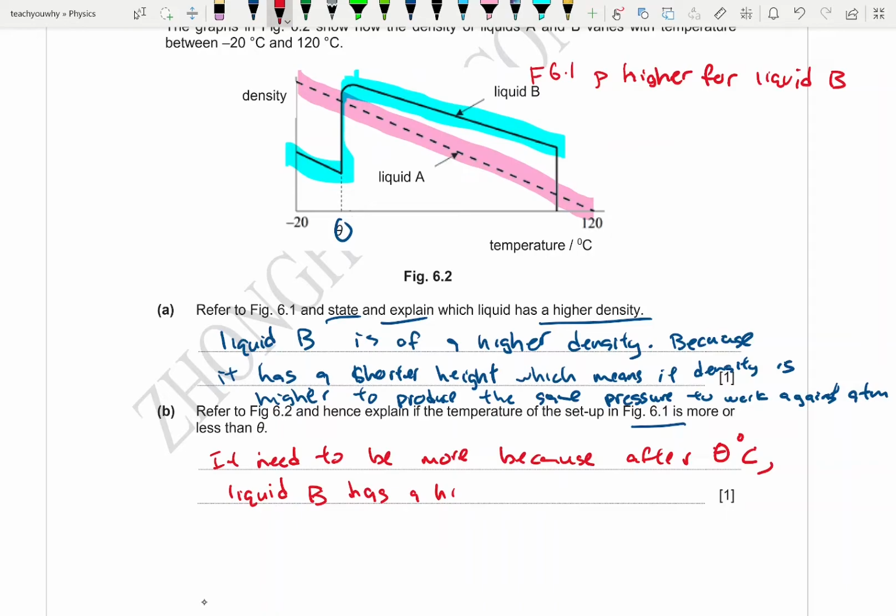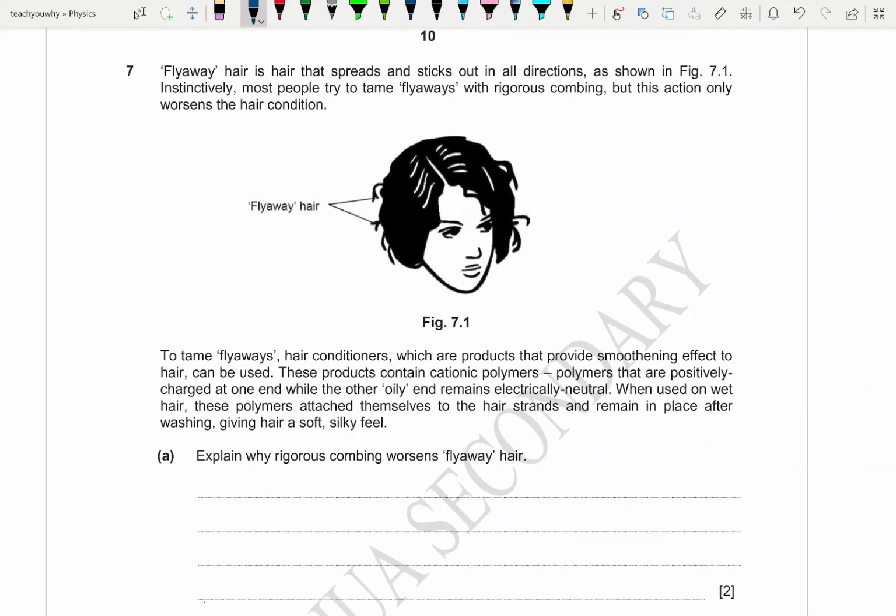Question 7. Flyaway hair is hair that spreads and sticks out in all directions. 爆炸头 in Chinese they call it. Sometimes you see some of your fellow classmates or schoolmates come to school with what in Chinese we call 爆炸头.